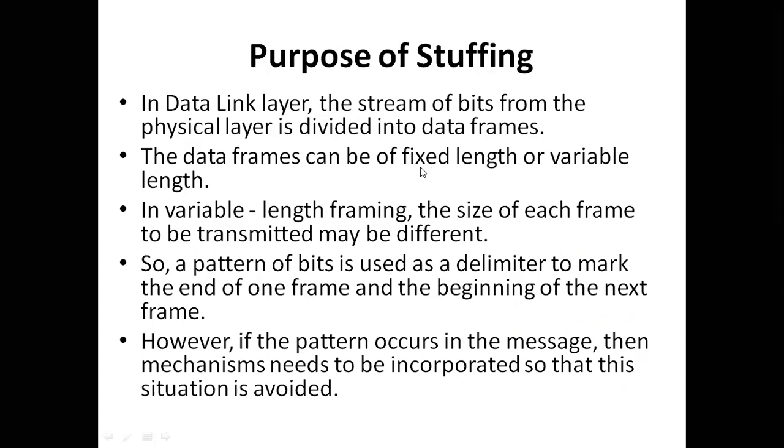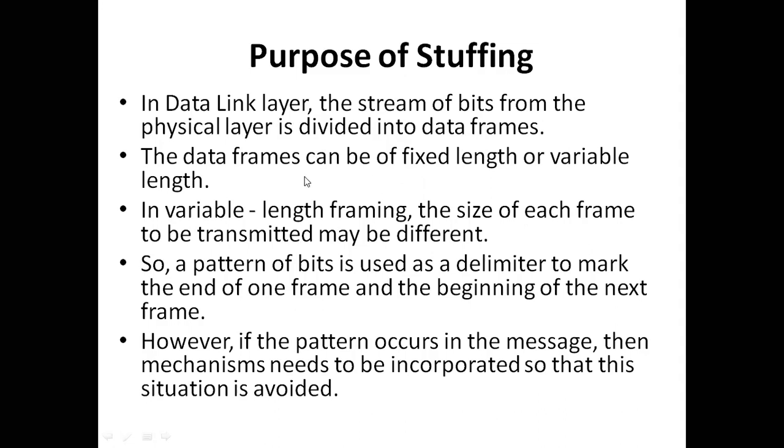And if you are doing character stuffing, we can add some characters in the data frames. In the data link layer, the stream of bits from the physical layer is divided into data frames. We know this because the data link layer is responsible for converting the data into frames. The data frames can be fixed length or variable length.